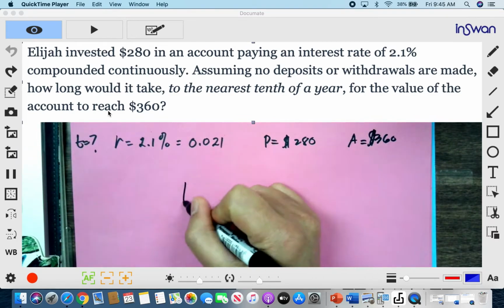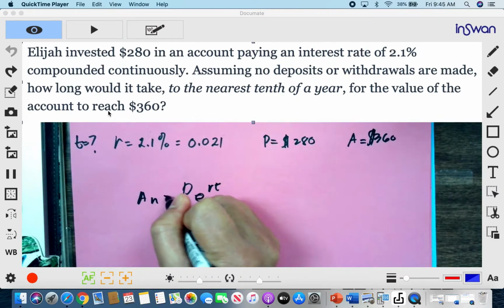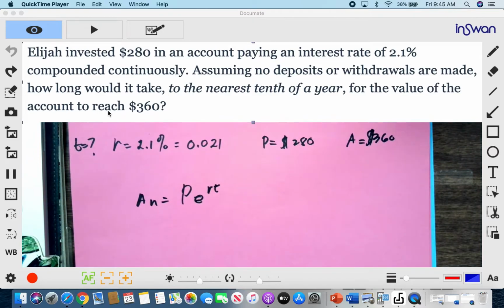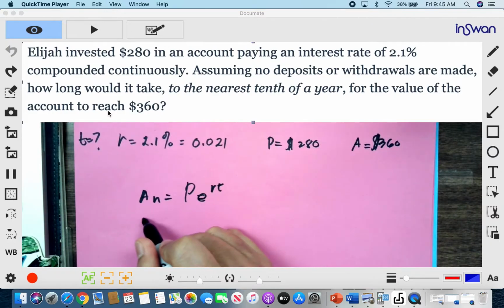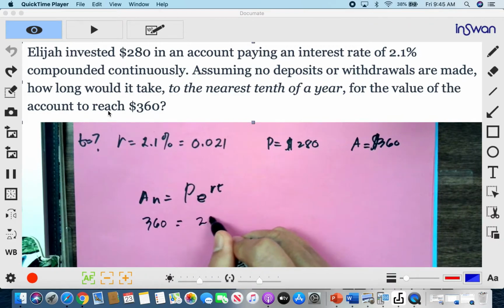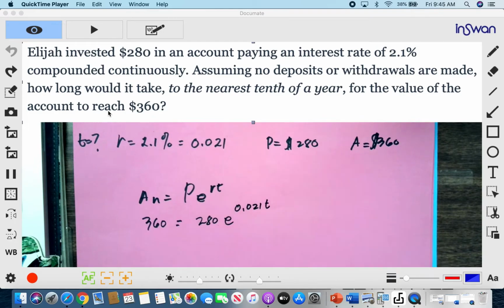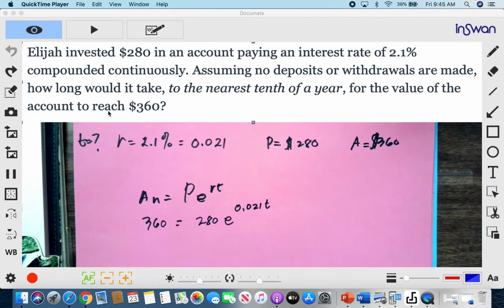Okay? Because it is continuously compounding, this will be our formula. All we need to do is to substitute the information into our formula, and that's 360 is equal to P, which is 280, e raised to rt, which is 0.021 times t. Okay, and then of course, we've learned from our previous lesson that to solve this we isolate the t term. So we have to divide by 280 on both sides of the equation.